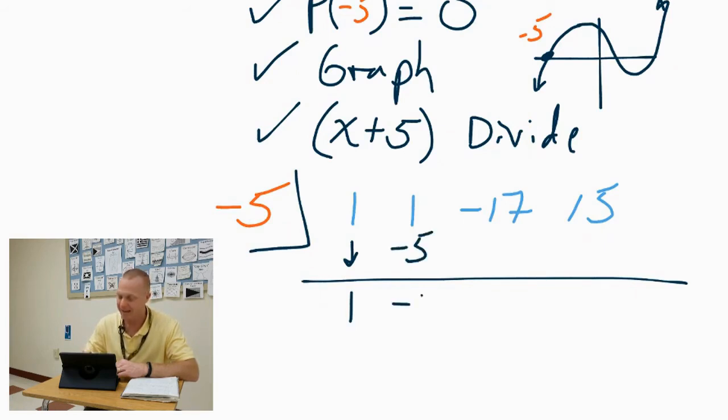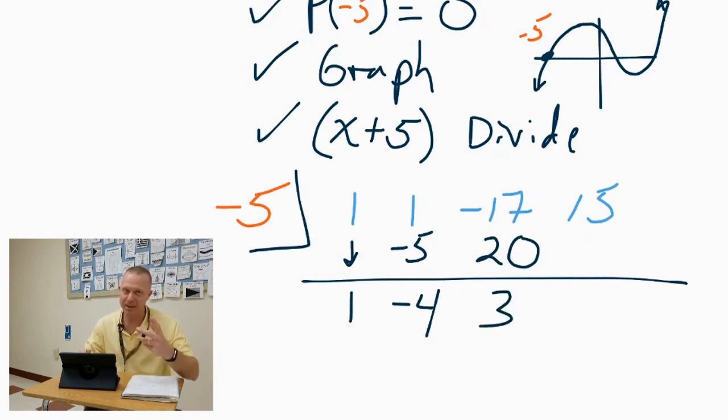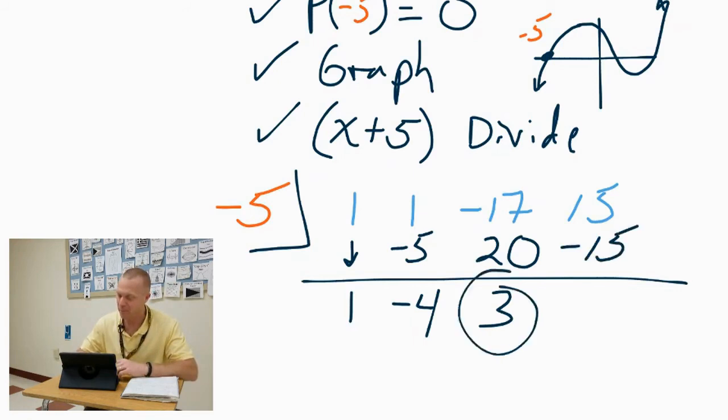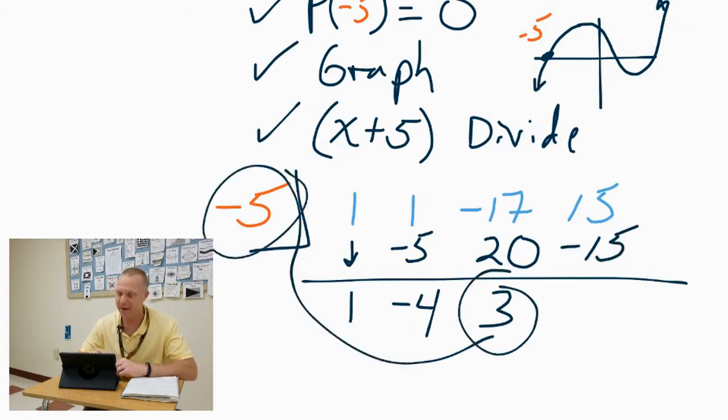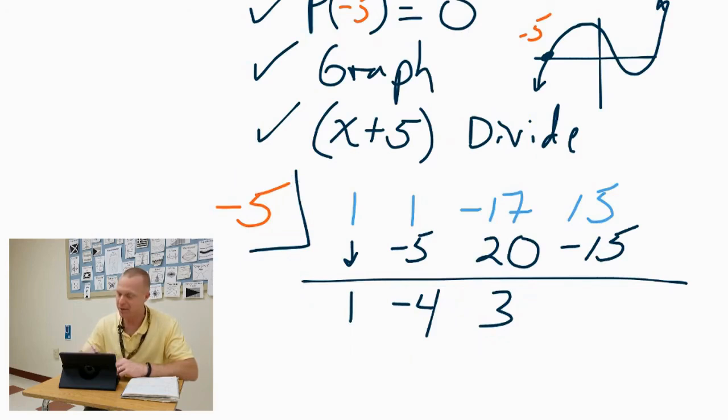Then we add. I should have said we multiply and add. We multiply and add. You multiply one more time, 3 and -5, and you get -15. And when you add, you get our remainder of 0.